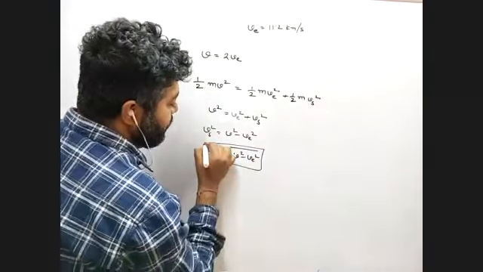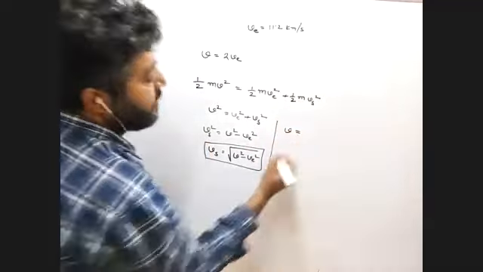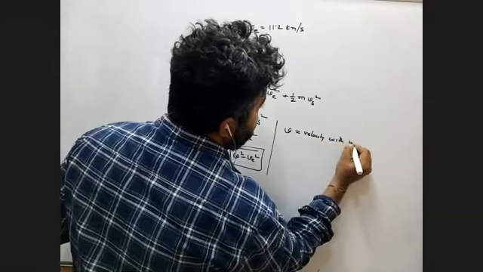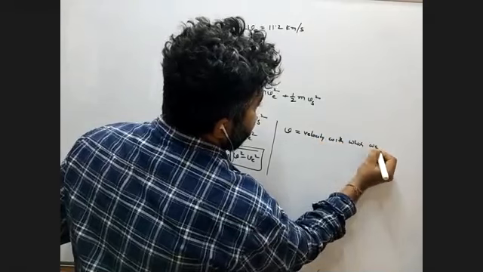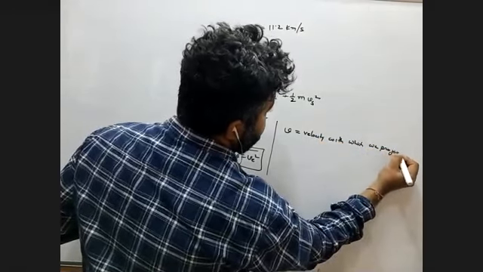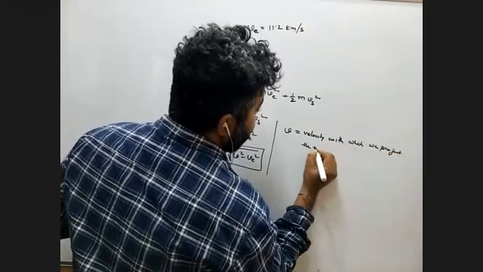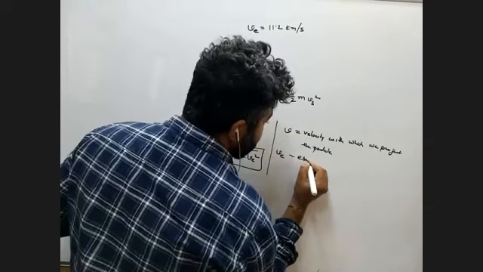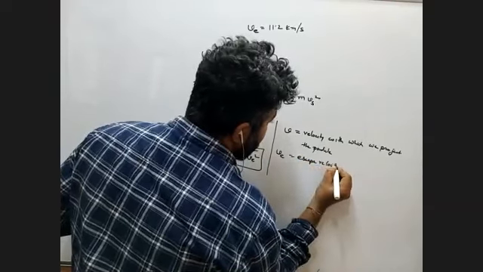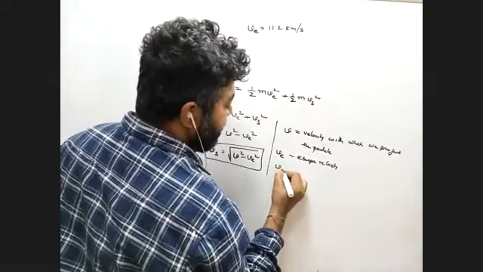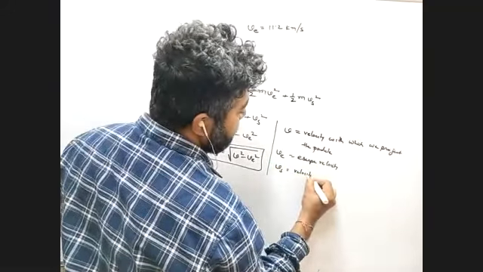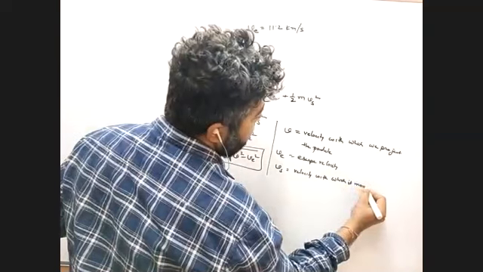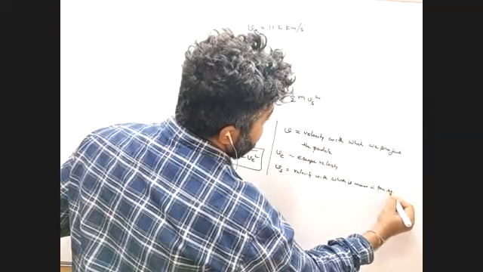That means v is the velocity with which we project the particle, ve is the escape velocity, and vs is the velocity with which it moves in space.